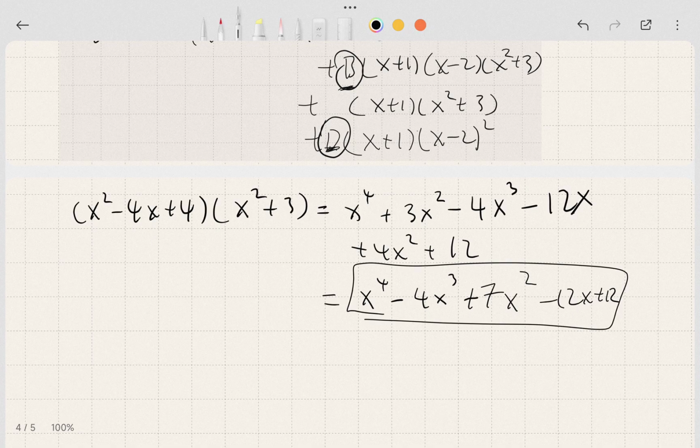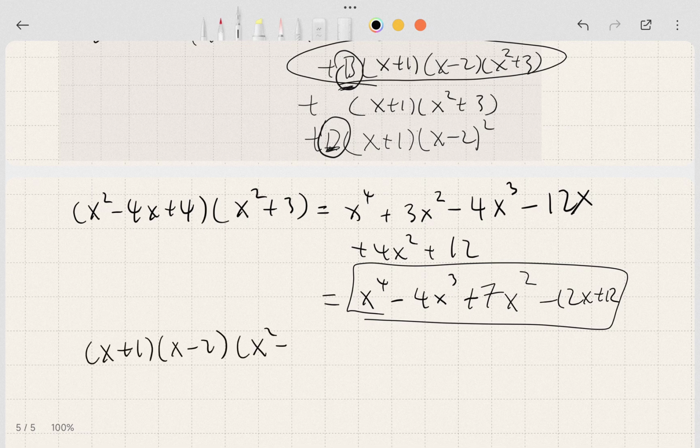And part B, it's B times, we'll expand this out. So x plus 1 times x minus 2 times x squared plus 3. And that is equal to x squared minus x minus 2 times x squared plus 3.